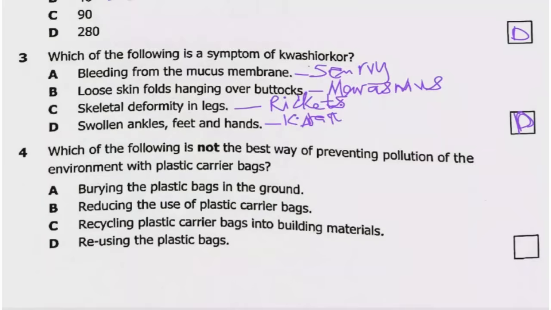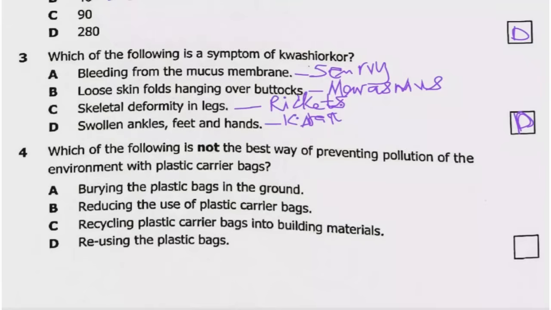Let's start with A, burying the plastic bag in the ground. B, reducing the use of plastic carrier bags. C, recycling plastic carrier bags into building materials. D, reusing the plastic bag.